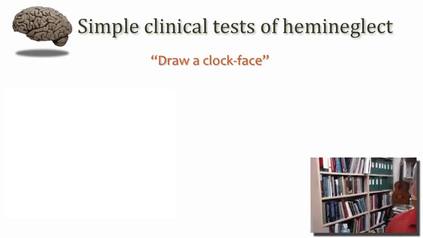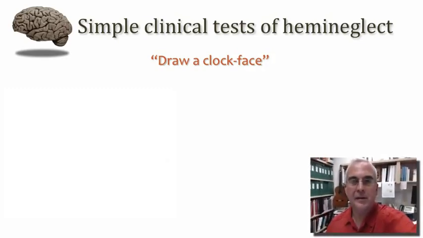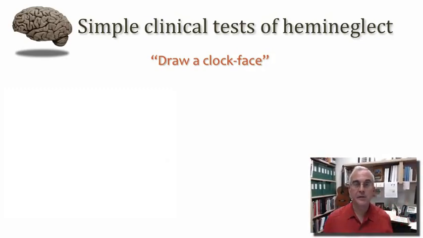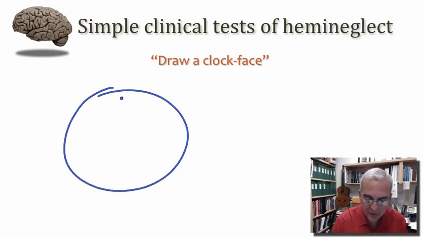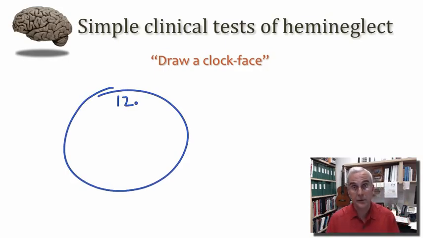Well, one can be asked by a clinician in a simple test to simply draw the clock face. So obviously this can be done by a person with an intact nervous system. They will draw a circle and they will begin to think about, okay, well, what does a clock look like? Well, the number 12, at least in our Western cultures, is up above, 6 is to the bottom, 3 is to the right, 9 is to the left, and so on.